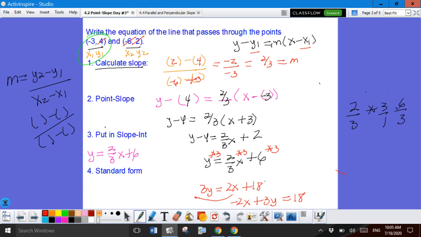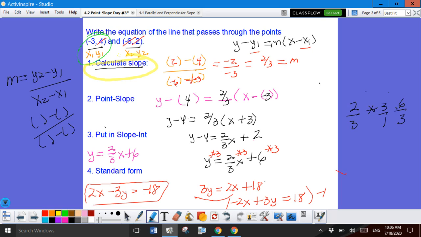And then remembering that A needs to be positive, multiply that by a negative 1. 2x minus 3y is equal to a negative 18. And that is my best answer for standard form. So in actuality, the only new step is this one.